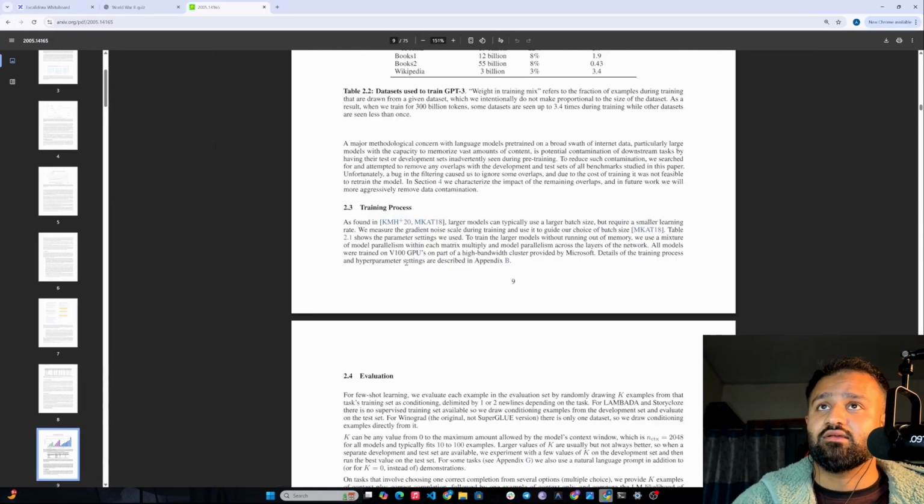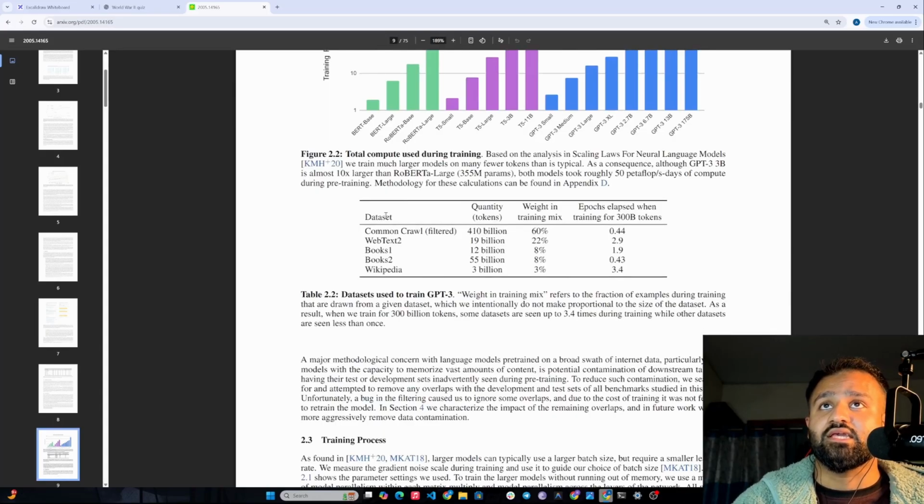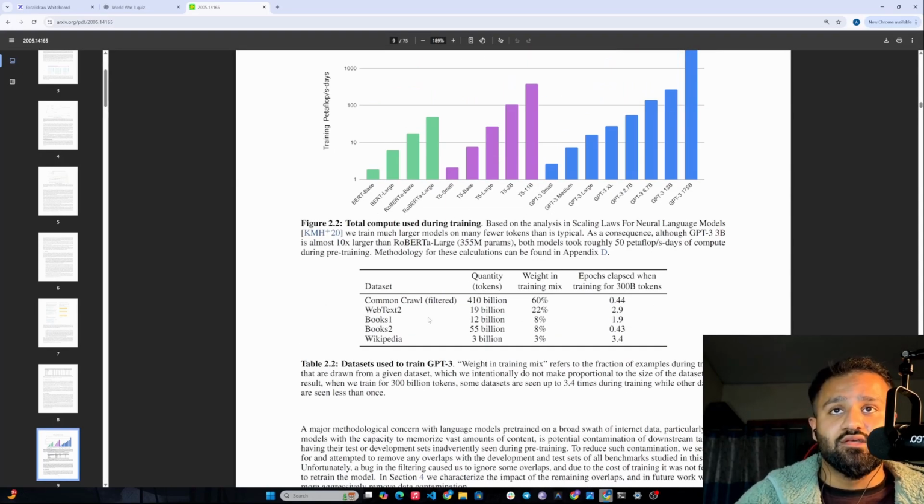This is the dataset that GPT-3 was using. GPT-3 uses 60% of its data from Common Crawl, 22% from WebText2, 8% from Books1 and Books2, and 3% from Wikipedia.